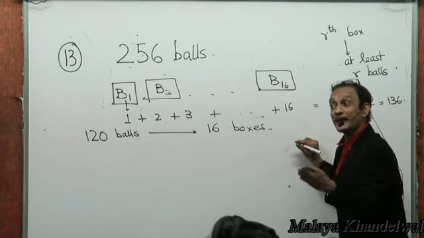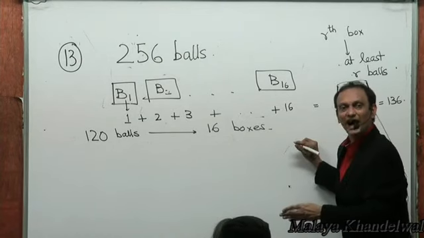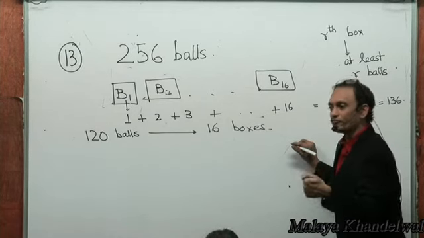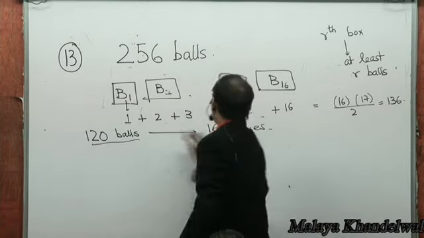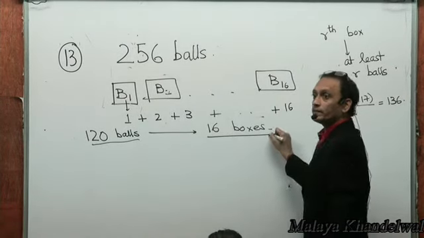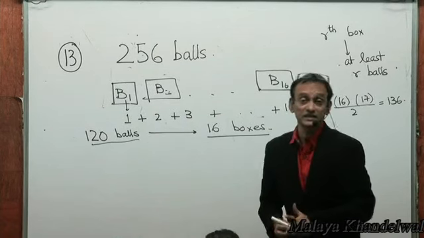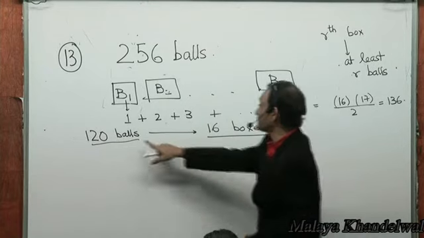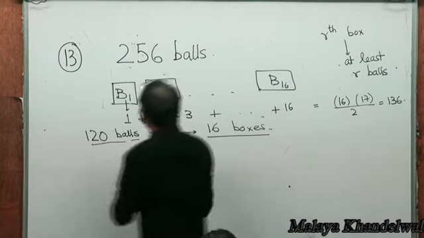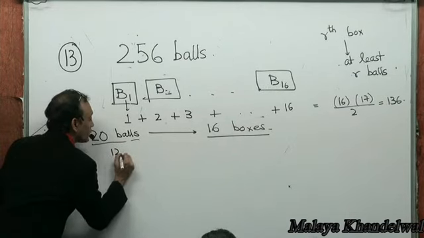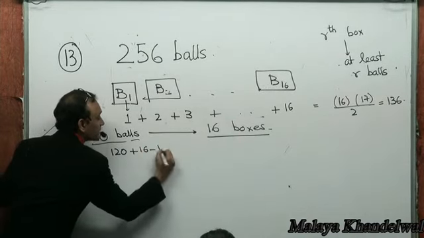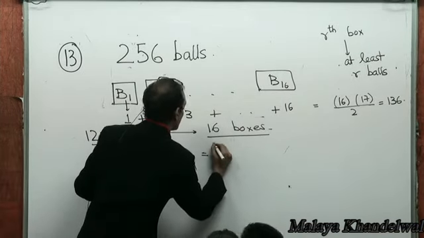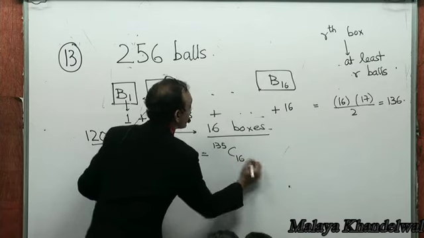Yes or no? That is N plus R minus 1 C R minus 1. Do you remember that? If there are N identical things to be given to R people with the possibility of a person getting nothing, it is N plus R minus 1 C R minus 1. This is N, this is R. So the number of ways in which this could be done is N plus R minus 1 C R minus 1. So that makes it 135 C 15 ways.